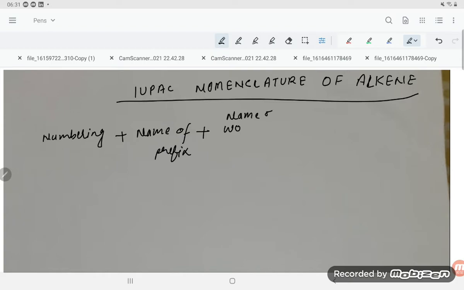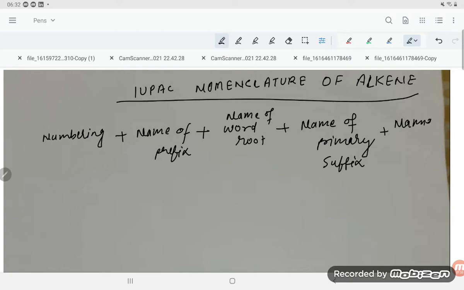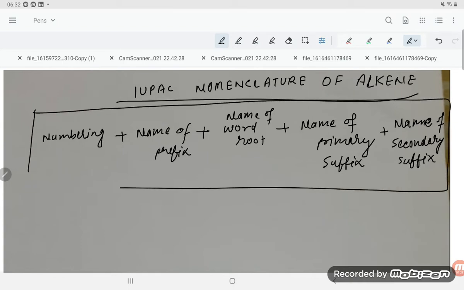After that, the name of primary suffix. And lastly we will write the name of secondary suffix. So this is our formula, students. We have to follow this formula to do the naming of the compound.